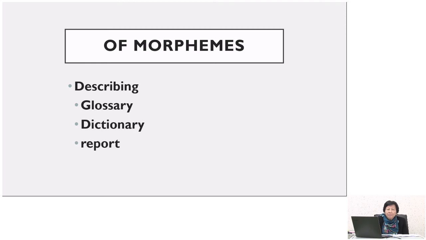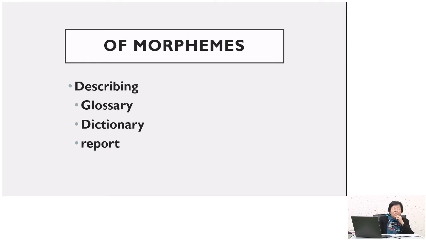Probably you have, for example, in English, the suffix dictionary. It doesn't matter if it is big or small, but you have covered all the suffixes that occur in the English language.